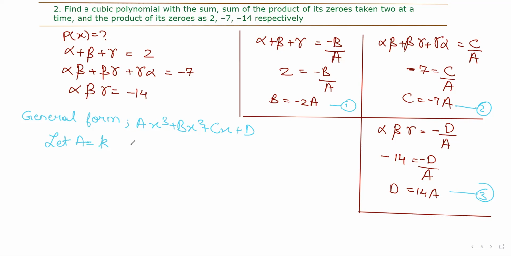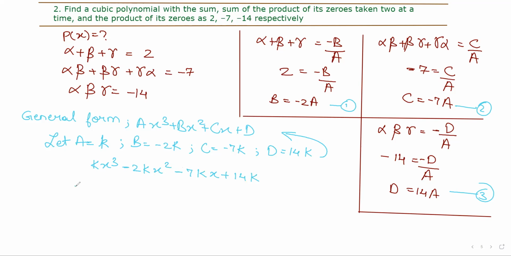So let a be equal to k, you get b is equal to -2k, c is equal to -7k, and d is equal to 14k. Substituting these values in the general form, we get kx cubed minus 2kx square minus 7kx plus 14k.